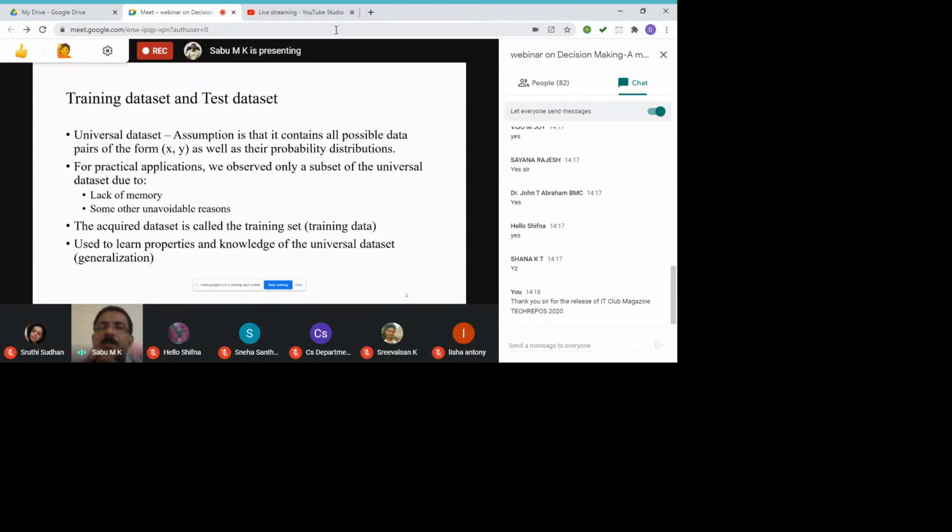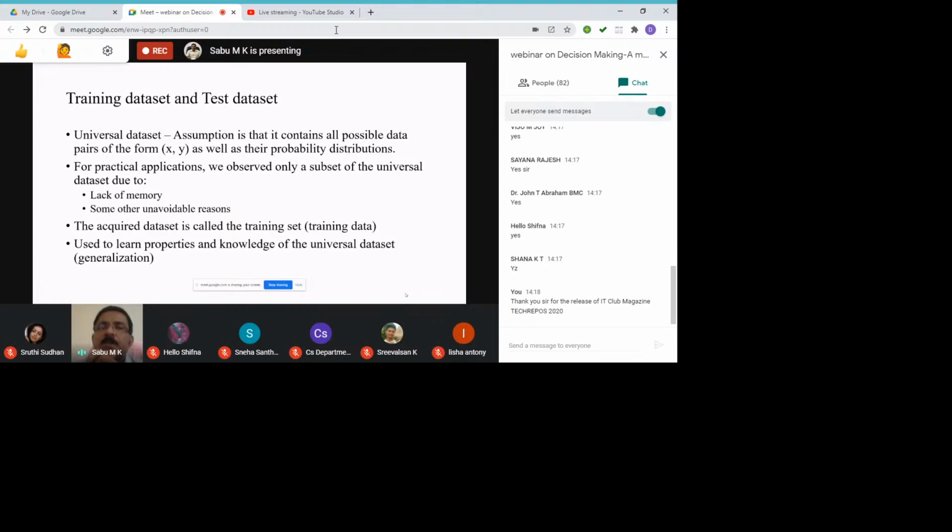Every data set follows a particular probability distribution. The collection of the whole data plus the corresponding probability distributions defines the universal data set.